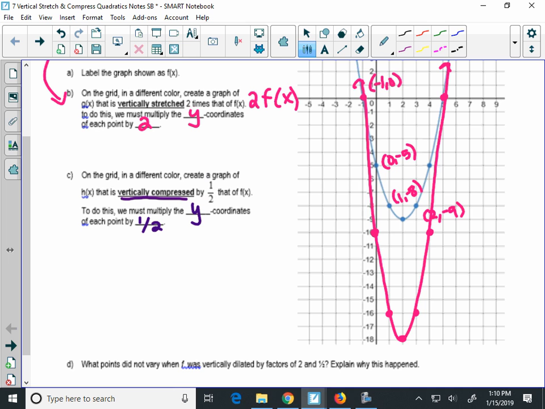So we're going to do the same thing. The y coordinate at 0, does it change when I multiply it by 1/2? No. So both of those zeros are going to stay at the same spot. If I go down to -5 this time, what's 1/2 times -5? -2.5. So this point comes up here to -2.5.